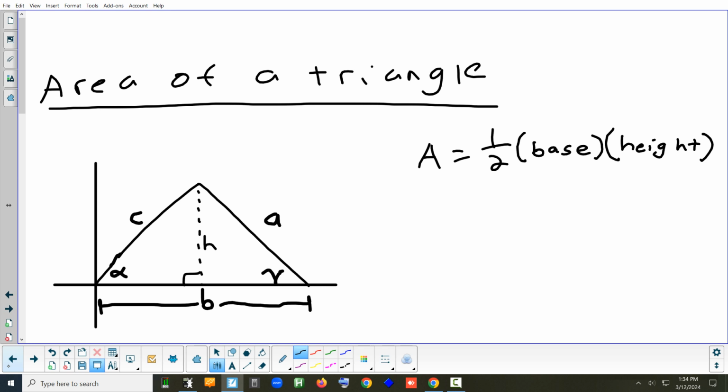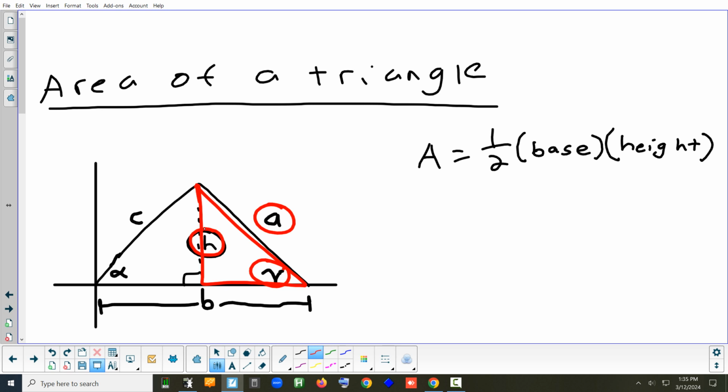So let's look at this, and let's find a formula for h. Okay, h is the height. What do we want to use to do it? Let's use this side. Focus on that triangle. I want to use this angle, this side, and I want to find that side.